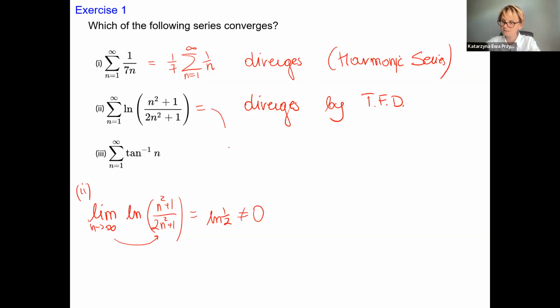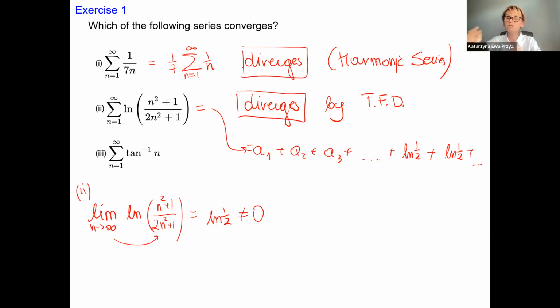If I list the first term, the second term, the third term, I'm adding, and at the end the terms are almost this number, because the sequence is convergent. That means we keep adding natural log of 1/2, natural log of 1/2, and we accumulate a big number. The series diverges. Please do not confuse these, because it's easy to think, oh, the sequence converges, but not the series. Okay, and what about the last one?